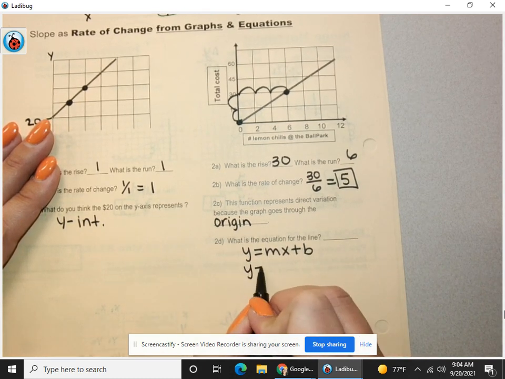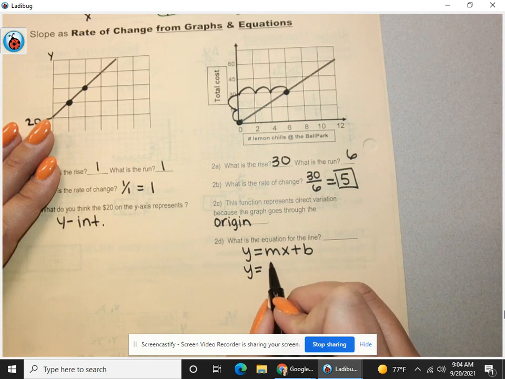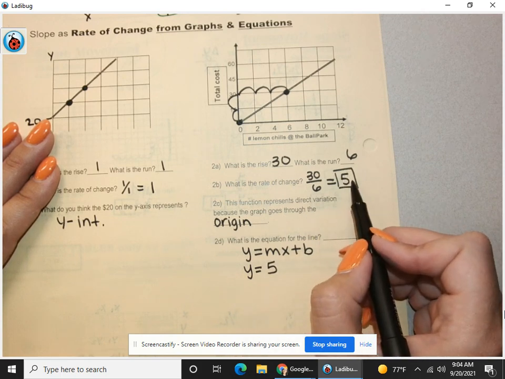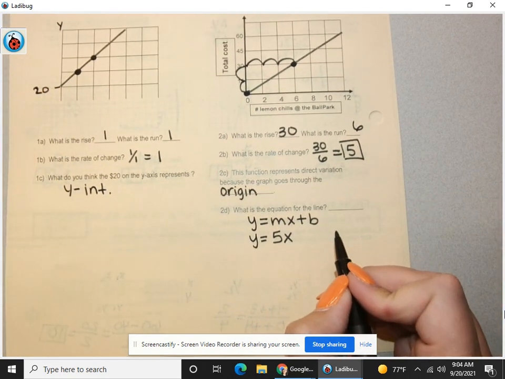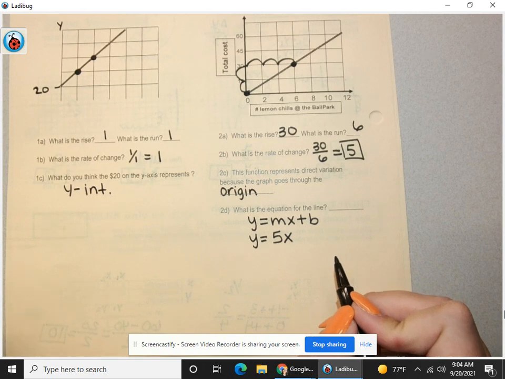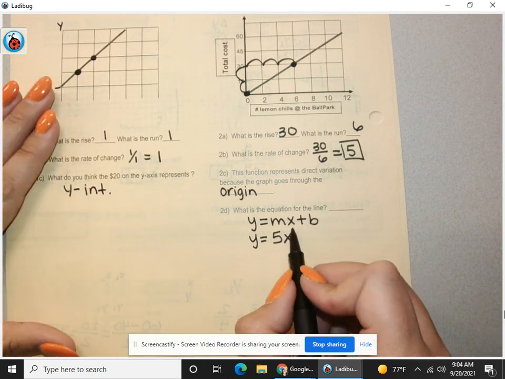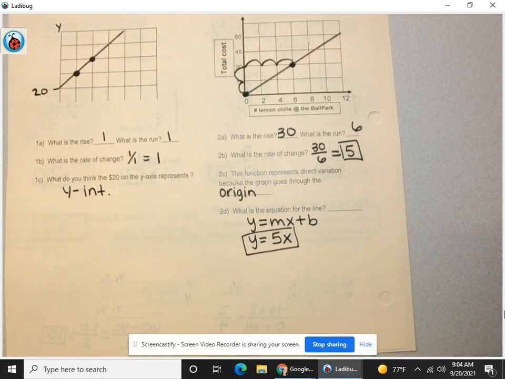So what's my m? It's my slope or my rate of change, which is 5. And then what's my b? The y-intercept, which is what? 0. Do I need to write that down? No. Perfect, so there's my equation. Are there any questions?